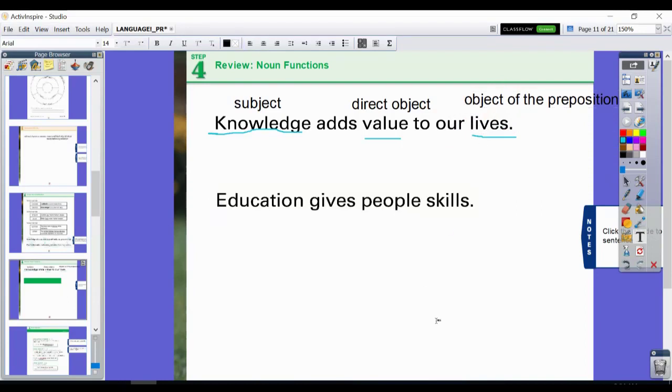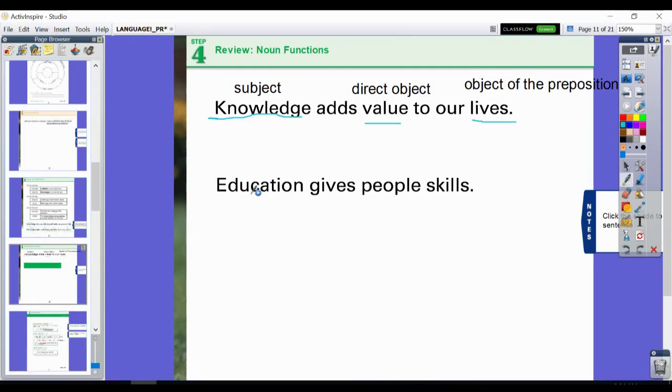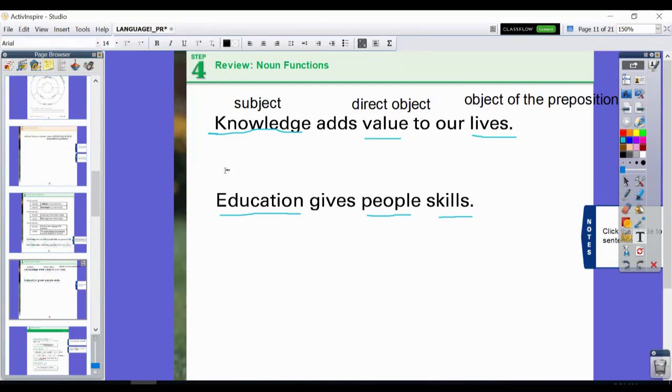Let's look at our next example. Education gives people skills. Let's underline the nouns first. First, we have education, people, skills. All right, let's think about how these nouns function in the sentence. What is the topic of the sentence? It's education, right? So that's our subject. Education gives what?